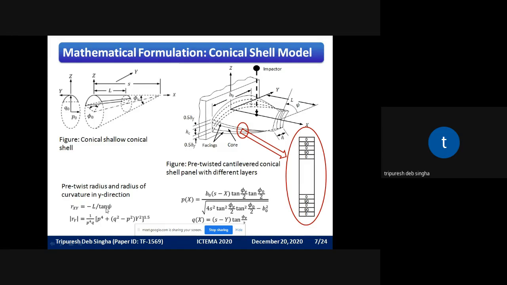That means the shell is twisted, and the major and minor radii P and Q of any oval cross section along the length of the shell are related with phi V, the vertex angle, and phi 0, the base subtended angle, the cone length, and B0, the width of the conical shell panel at its fixed end, by these relations.